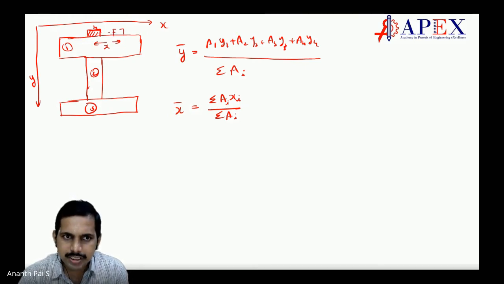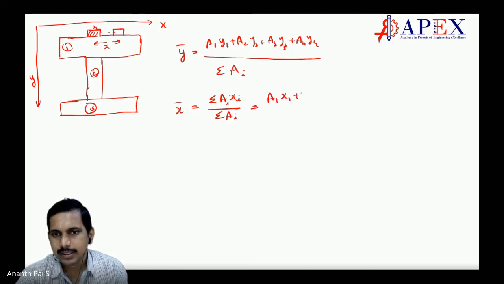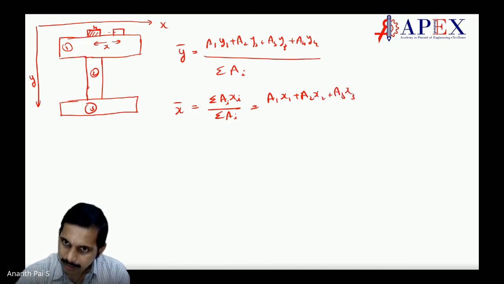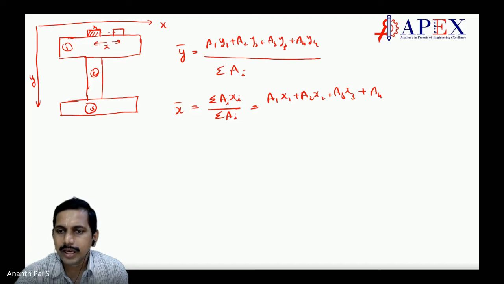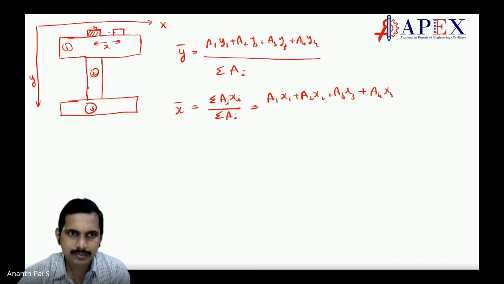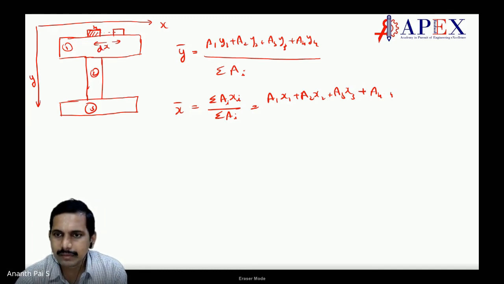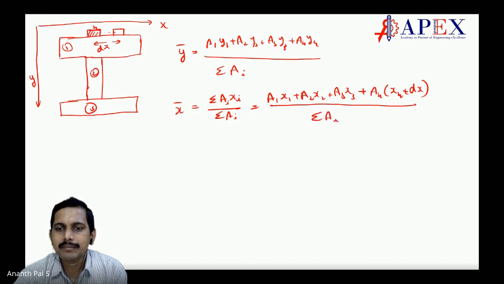When I move this by a small distance dx, what was initially a1 x1 plus a2 x2 plus a3 x3 plus a4 x4 will now be a4 times x4 plus dx, divided by the same sigma a i.